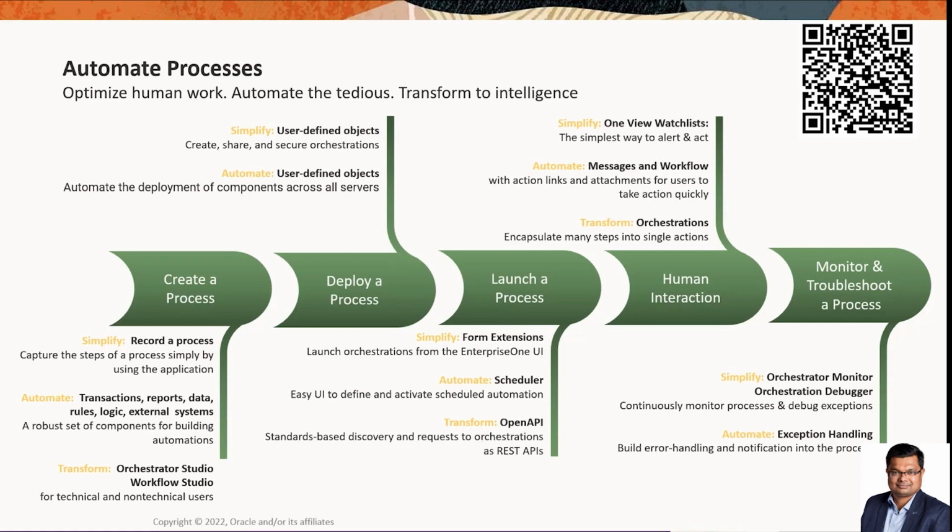And then freeze that process for repeated use, making sure it can run n number of times whenever you want, and then you can deploy that process and launch it when you want, and reduce your human interaction, so that you only need to interact when you need to, and in case there is an issue, you troubleshoot. That way you can automate any process using these simple steps, thereby not only automating but also transforming, giving that time back to your business, making sure the system does what it needs to do.